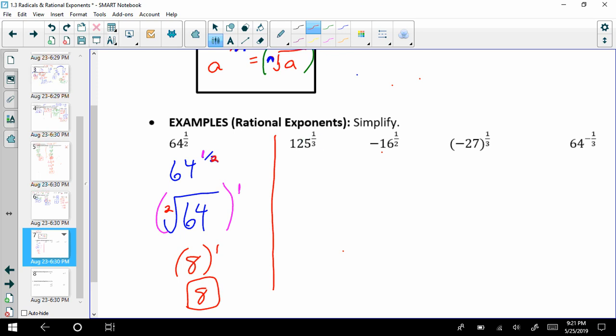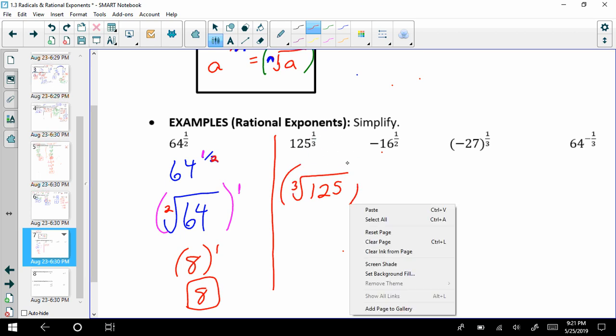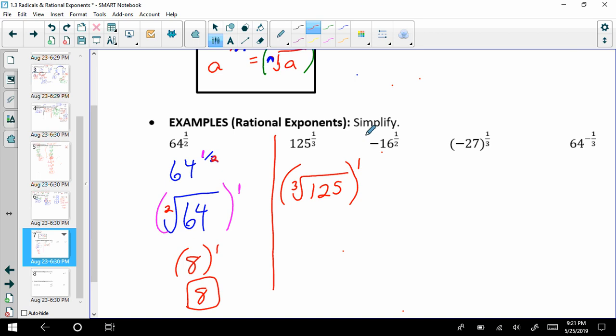Let's rewrite it in radical form. So the bottom number is a 3, so this is a cube root, and then the outer number is the 1. So the cube root of 125. Is that a perfect cube?